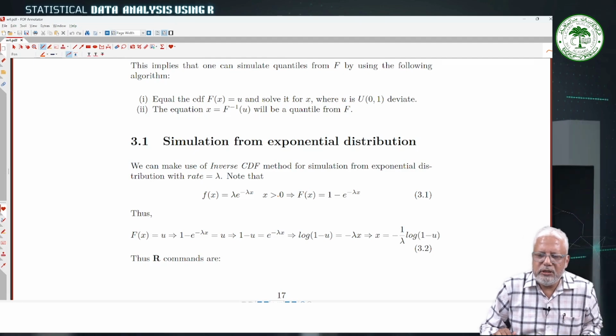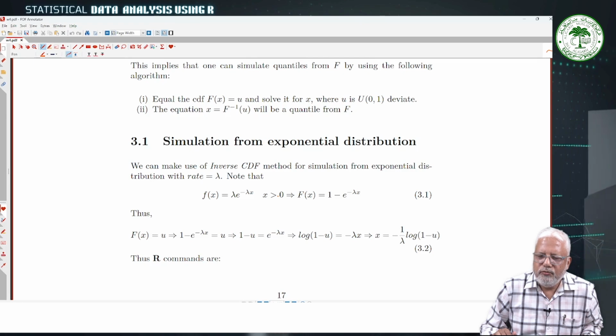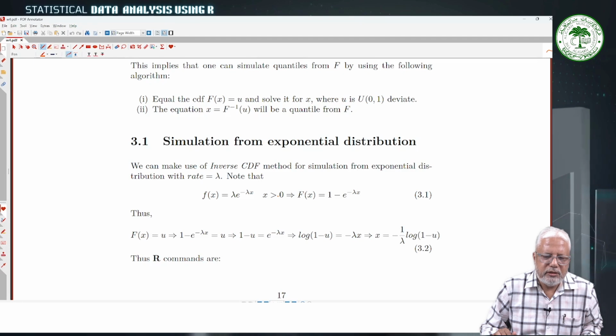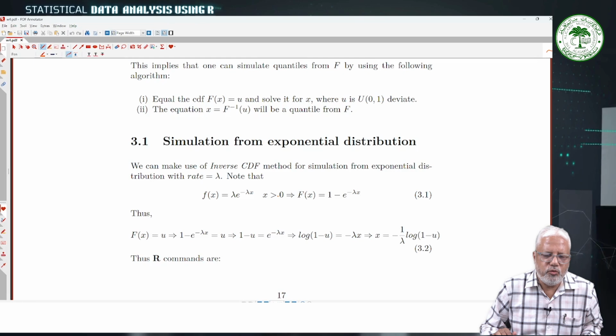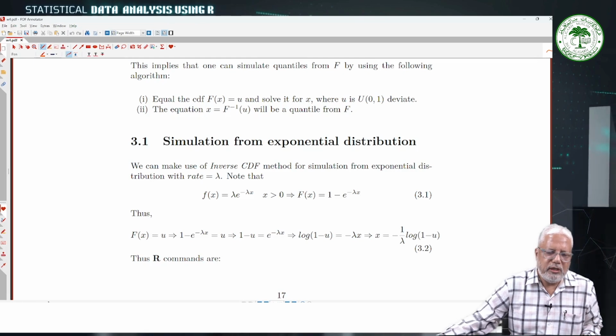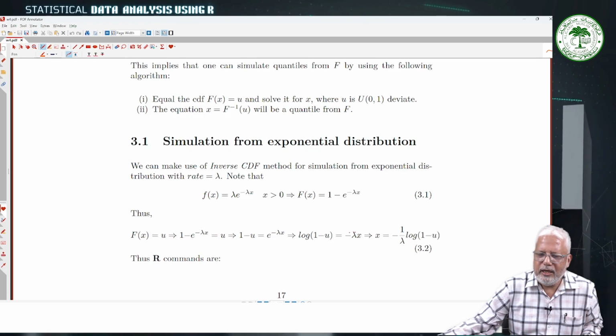This implies the CDF F(x) = 1 - e^(-lambda x). Thus, what we have to do? We have to follow the algorithm: number 1, set F(x) equal to u and solve this equation for x.